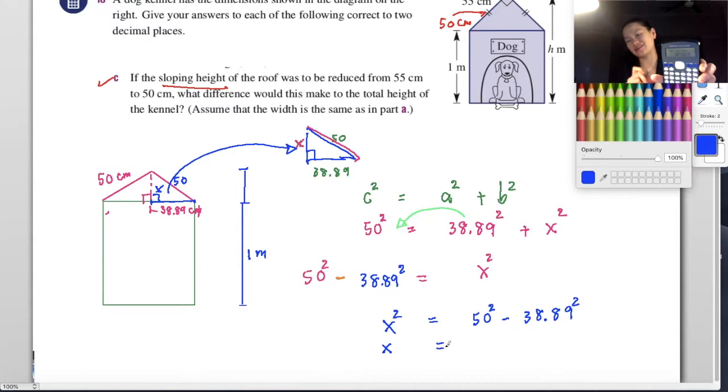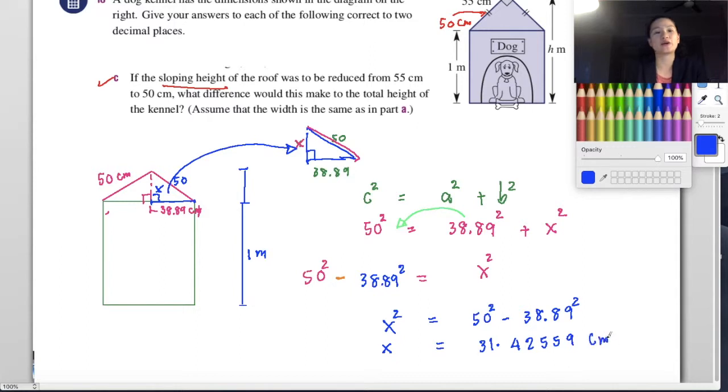This one is x squared, but I would like to have only x, so I paste it as the answer and then square root it. So I'm going to get x equals 31.42559 centimeters.